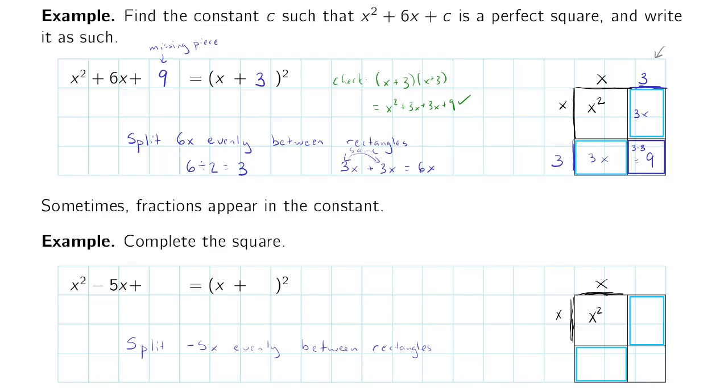Now this is negative. We're going to be pretending that it makes sense for a rectangle to have a negative side length. But when we take negative 5 divided by 2, we get negative 5/2. So each of our little rectangles is going to get a negative 5/2 x.